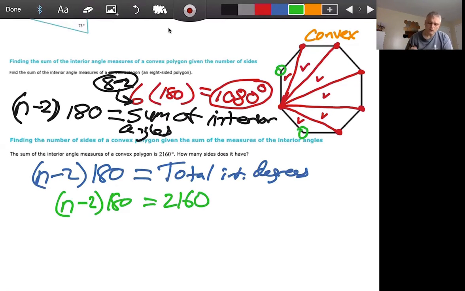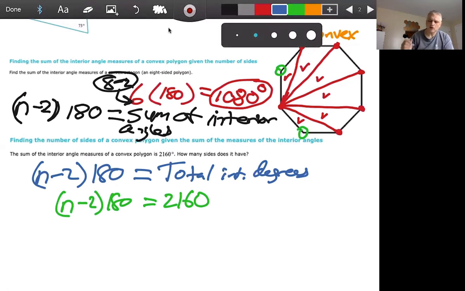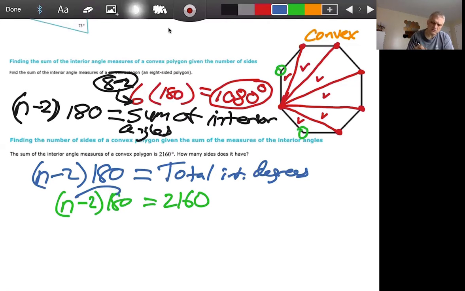Cool. All right. So we could do this a couple ways. The way that you probably would think about back in your Algebra 1 days would be to take the 180, multiply it by both of these terms, distributing it.